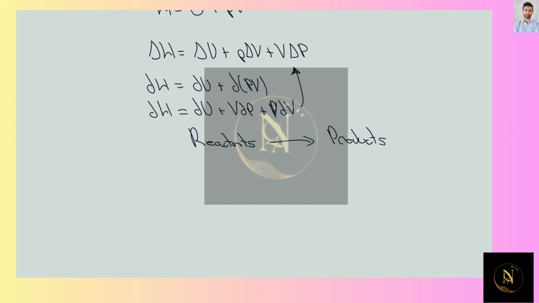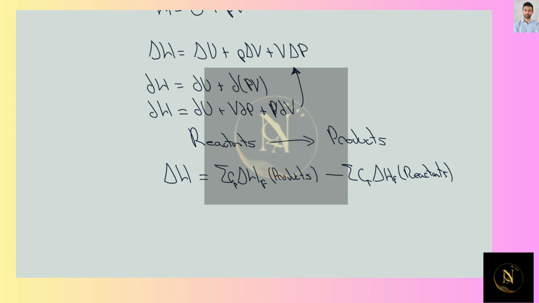So the way that we express delta H in general is going to be the sum of the enthalpies of formation of the products multiplied by the stoichiometric coefficient, I'm going to call it say n for products, minus the sum of the enthalpies of formation of the reactants. And same thing, multiplied by the stoichiometric coefficients of the reactants that we have.